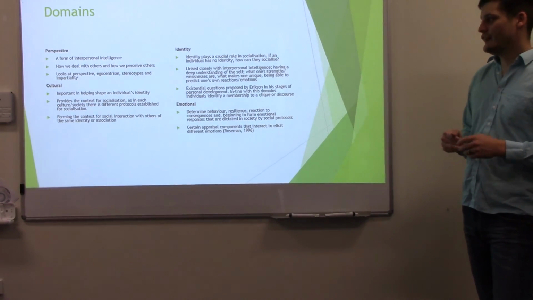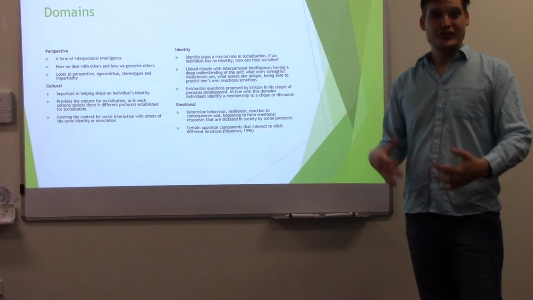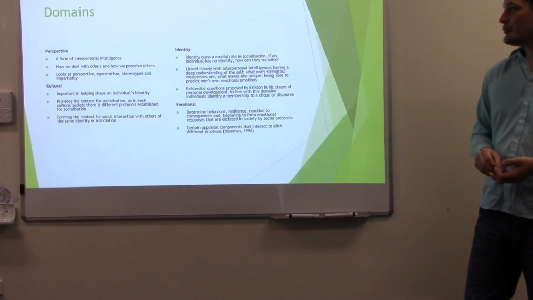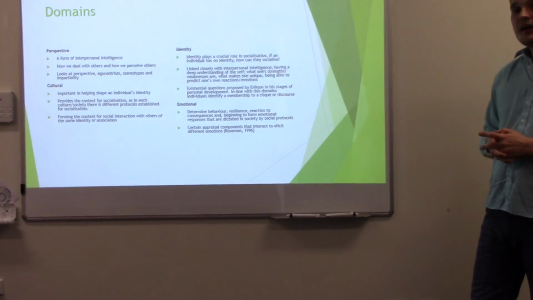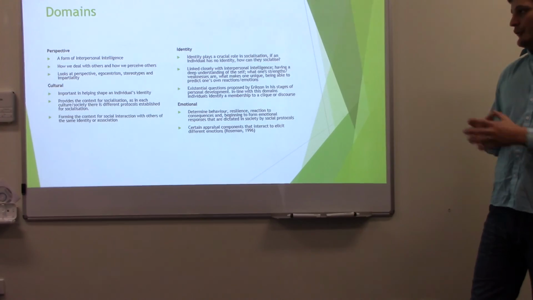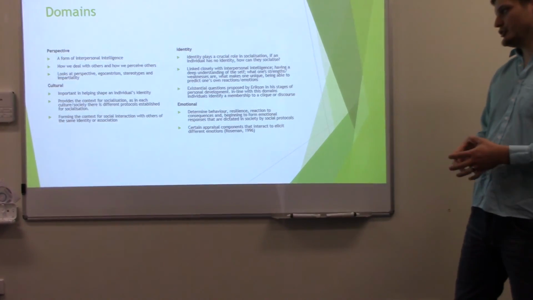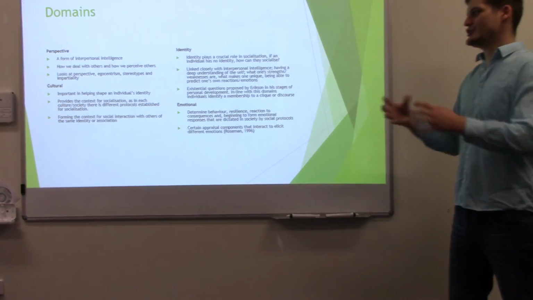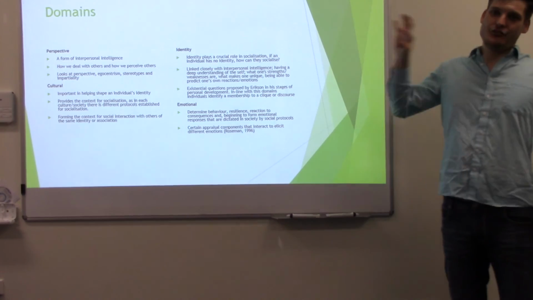And it looks at things such as our perspective, egocentrism, also stereotypes pop up here again, and the ability to be impartial. We've also got the cultural domain of social cognition. So this helps shape an individual's identity. So this is a case where one domain may influence another.